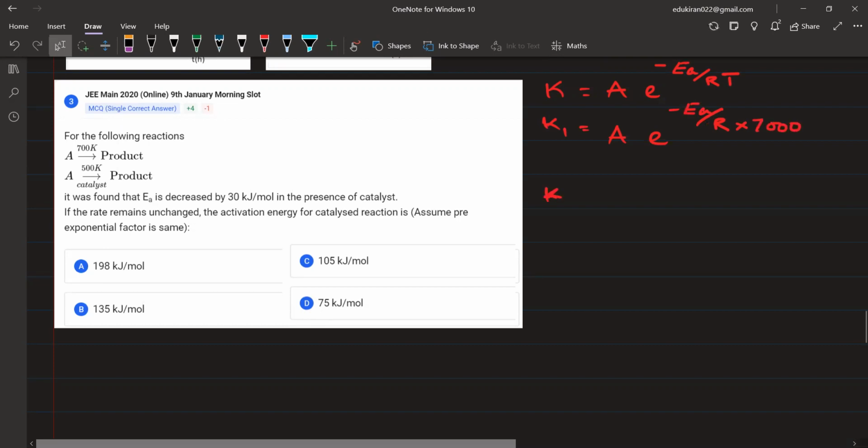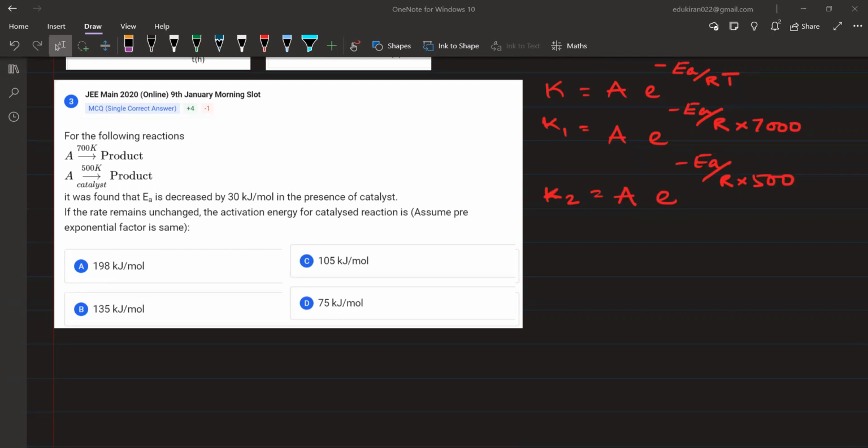For K2, I can write A into e to the power minus EA upon R into 500. Correct? Yes or no, please tell me. Yes, sir. Now what they are saying is, if the rate remains unchanged, then the rate constant will also be unchanged.